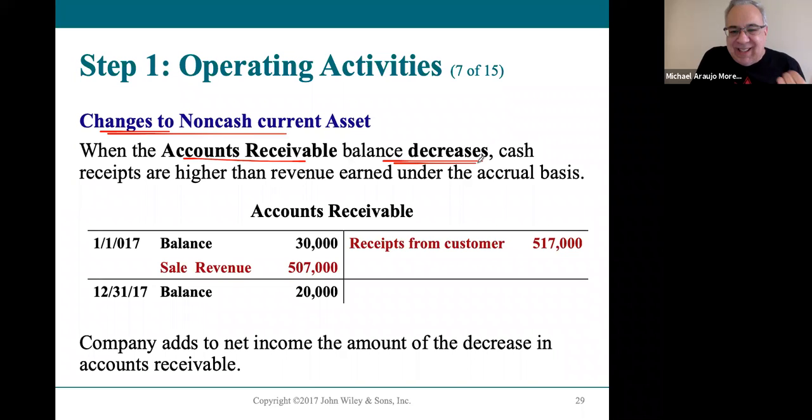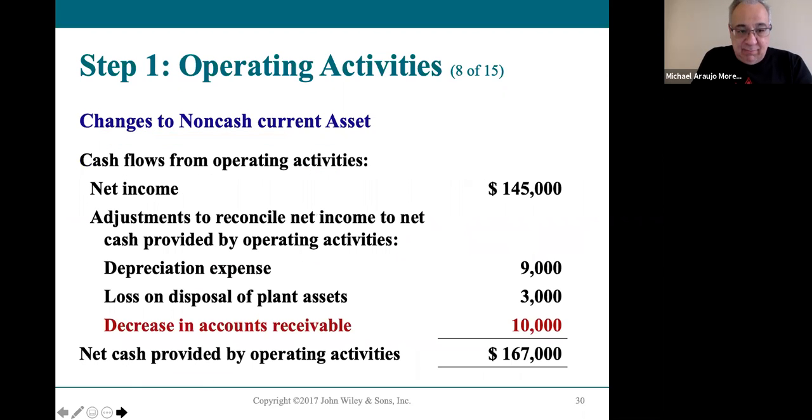So that is very important to understand. The decrease in accounts receivable means we have more cash coming in.